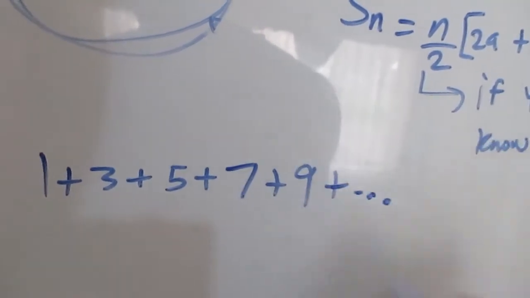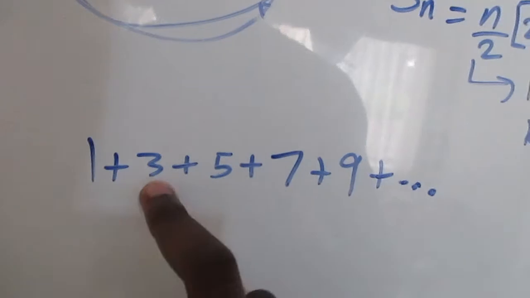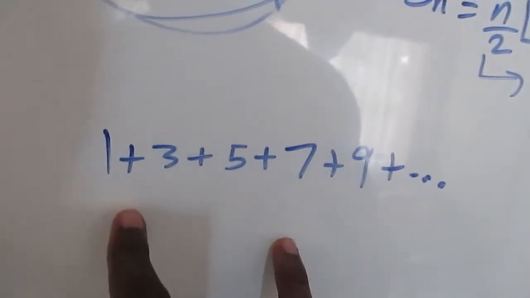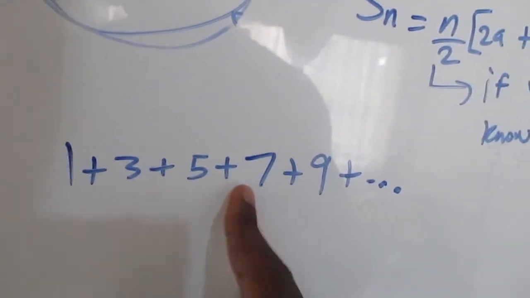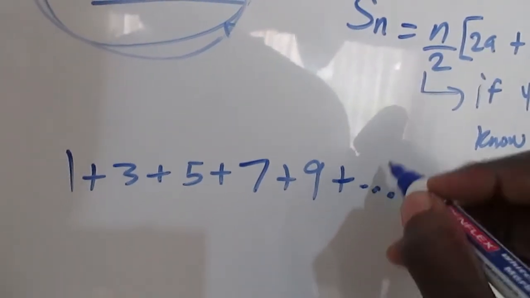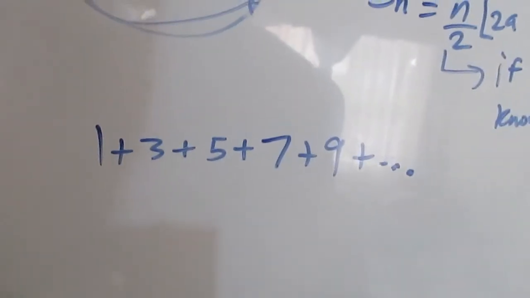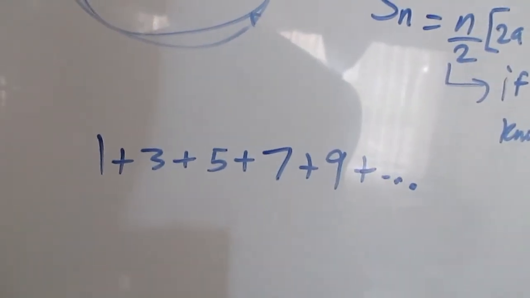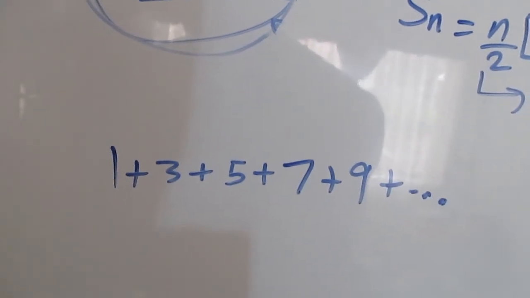But we are not given that. So this is basically 1, 3, 5, 7, 9, and we know that the next term is 11, but we aren't given it in the question. So let's not use the next one.